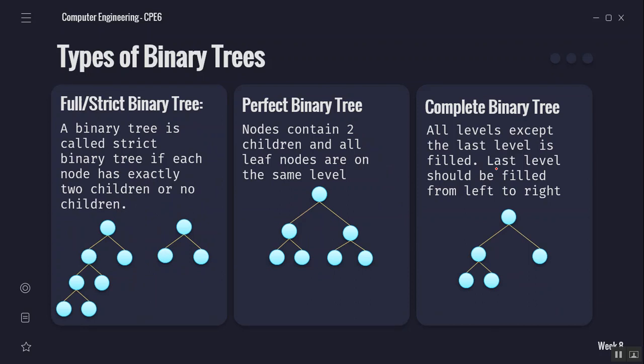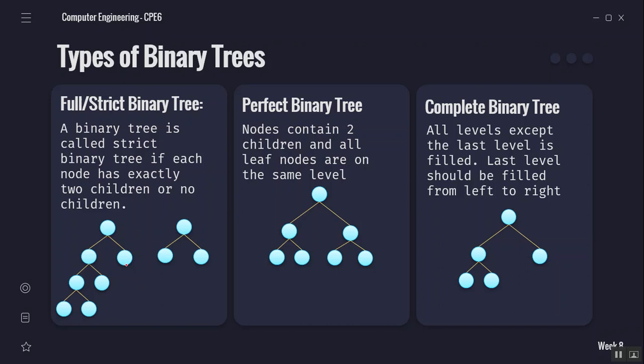So we have here the first type, the full or strict binary tree. A binary tree is called a strict binary tree if each node has exactly two children or no children. Regardless of the level, we have the root node, and this root node has two children.